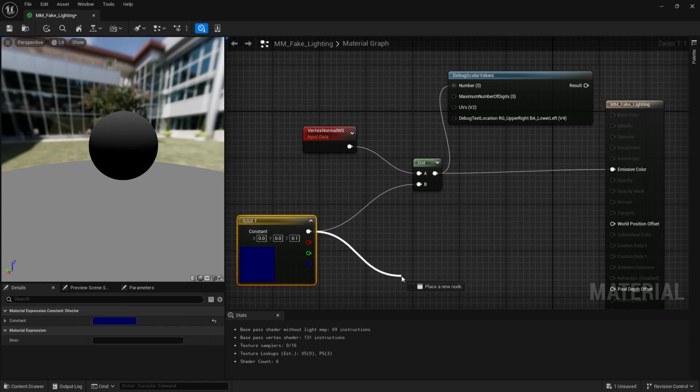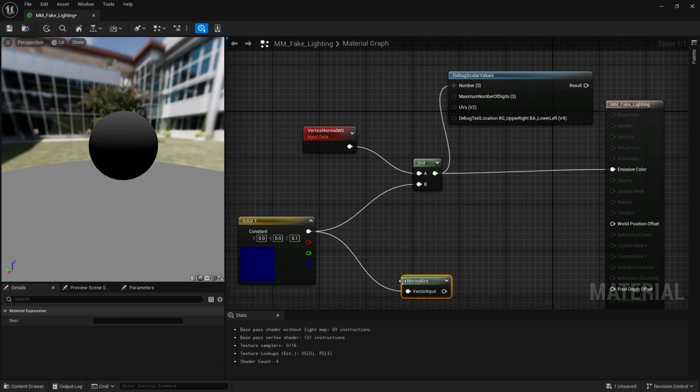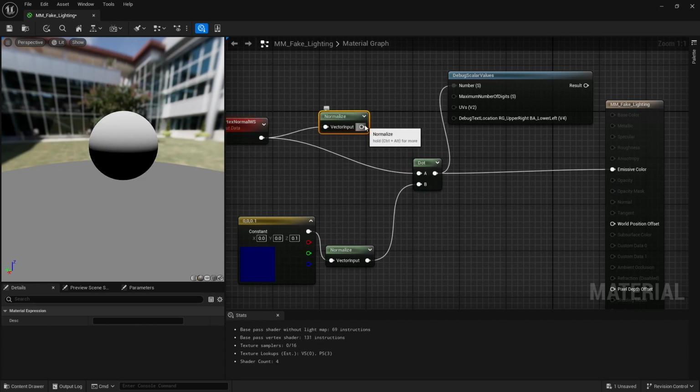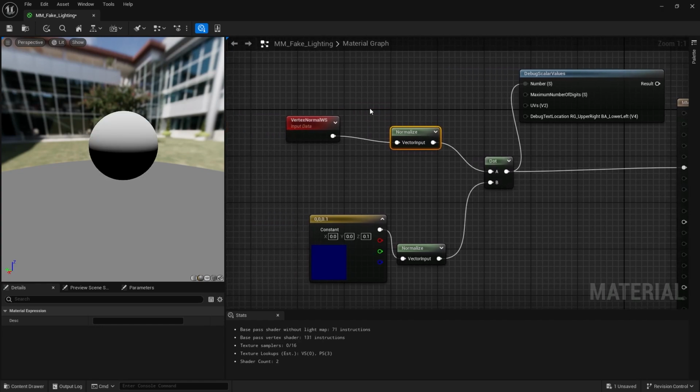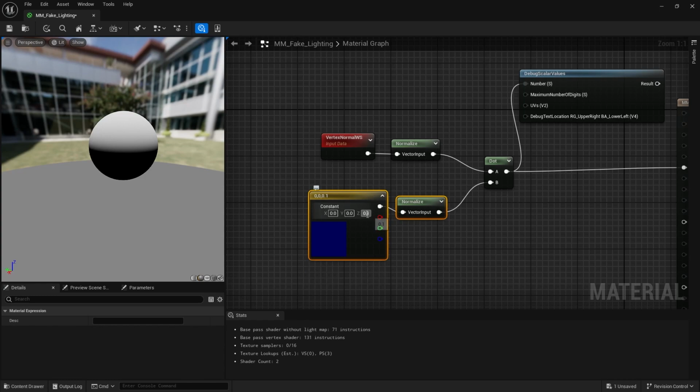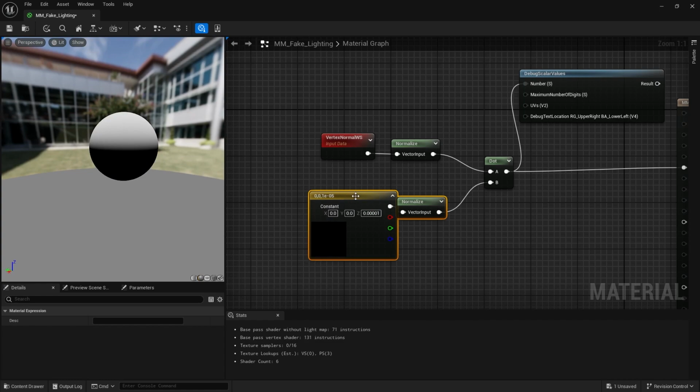So what we generally do is normalize all the inputs. The vertex normal doesn't need normalizing, but if you have a mesh with a certain kind of normals and different values, it is good to have it, though I don't know if this already does it or not. Yeah, it's a good option to have. So now if I put 0.0001, it will always give me the proper lighting.